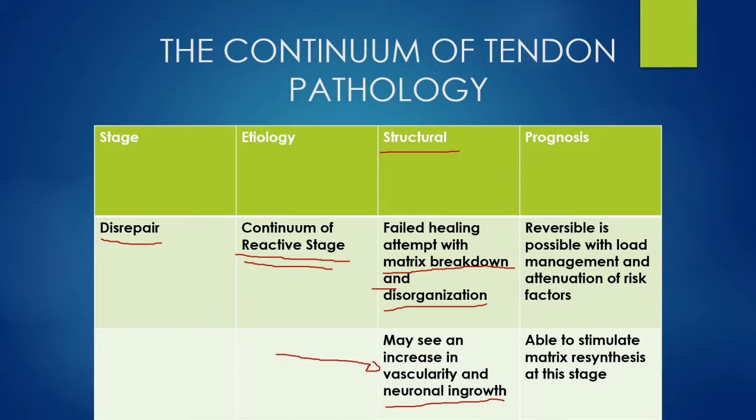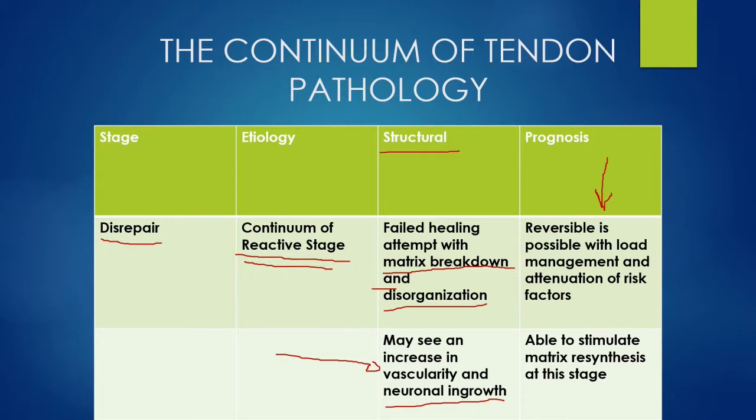Again, this condition is reversible with load management and also with attenuation of risk factors. We're going to talk more about risk factors as we go, but recall that tendinopathy conditions are the result of both intrinsic and extrinsic factors.